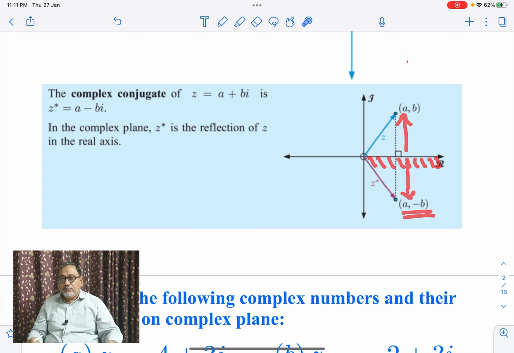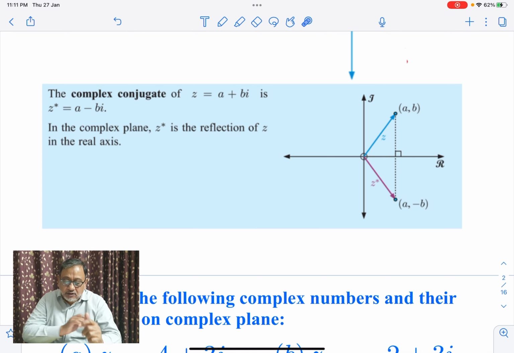So always remember, the complex conjugate of any complex number will be the reflection of that complex number z in the real axis.